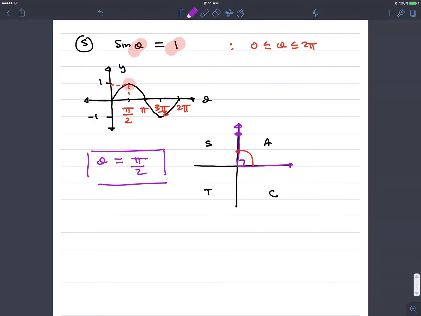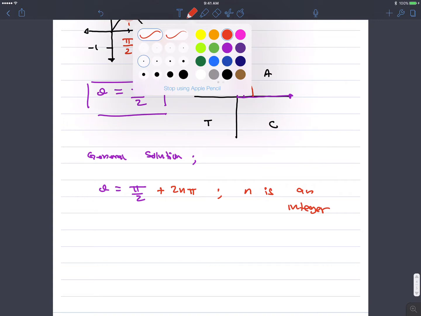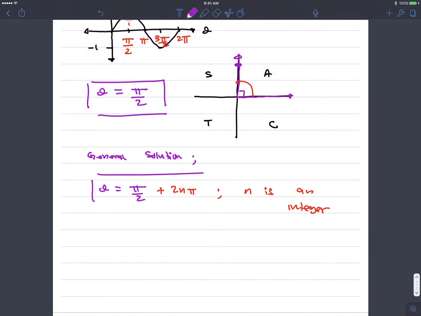I bring this up because when we talk about the general solution now, if you want to look at this general solution, what do you do with this particular angle? What are you going to add a multiple of? 2n pi again, and n is an integer. Let's just assume from now on, when I just put n, it's going to be an integer. This is the general solution here.